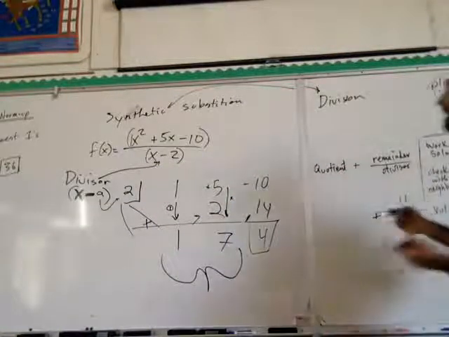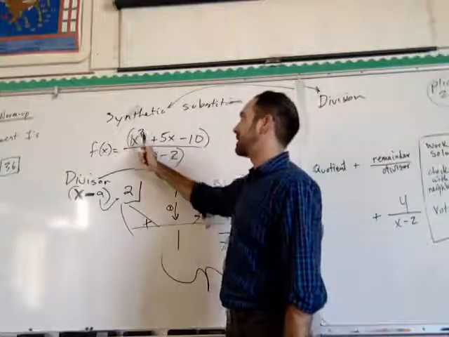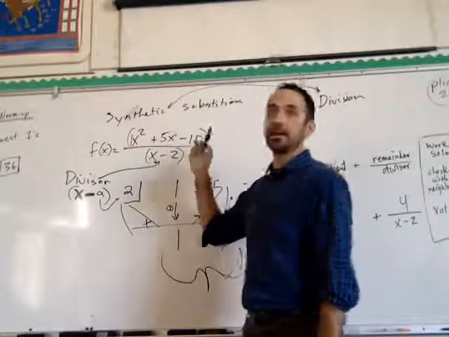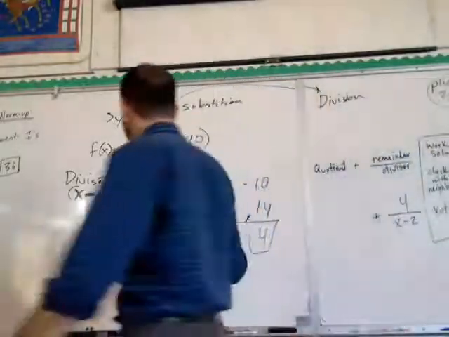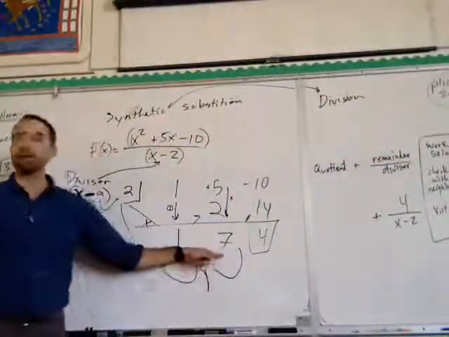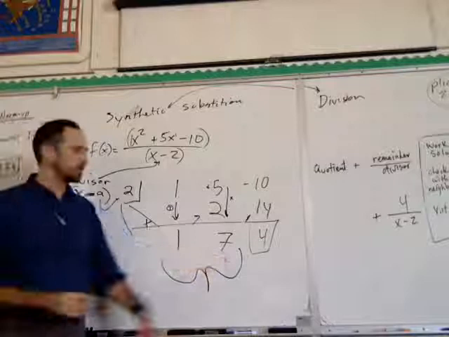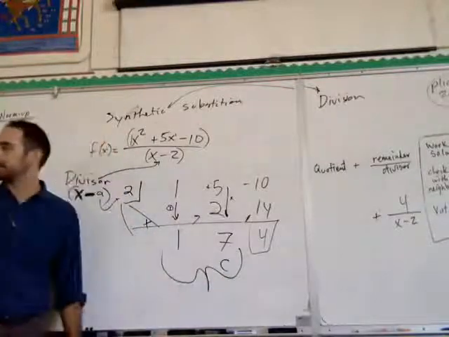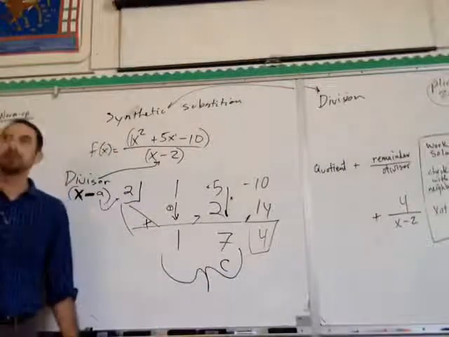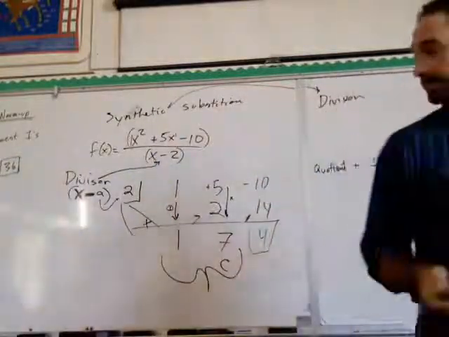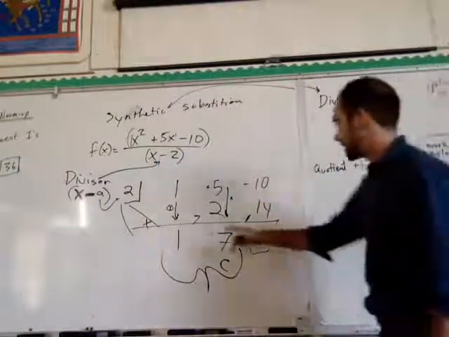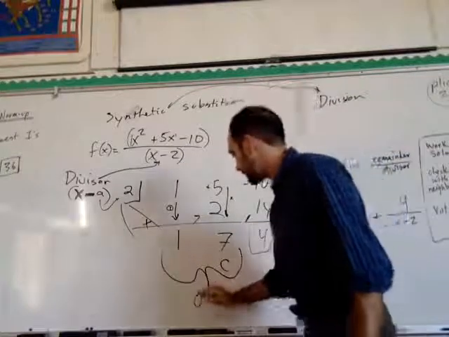So remember when we're doing this, we have squared, and then we have to the first power, and then we have a constant. So I like to think of it this way. I know that whatever number is closest here, that's my constant. You could work that way. What comes over after the constant? This direction. X. So this right here, this is called the quotient.